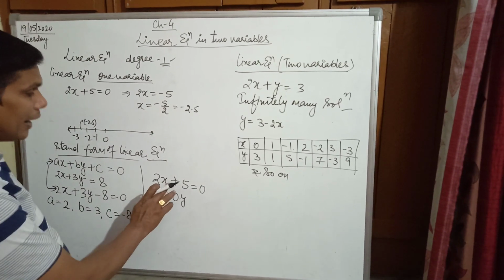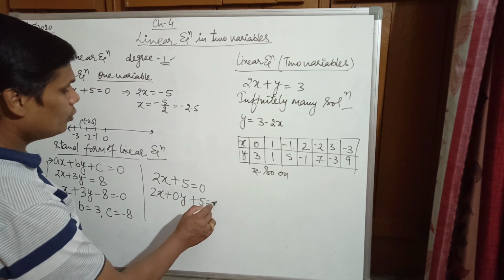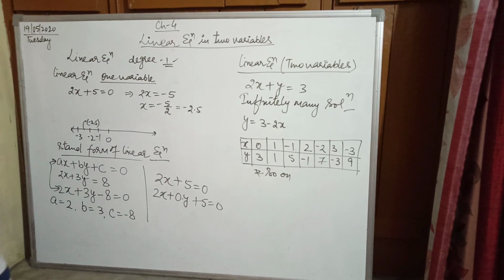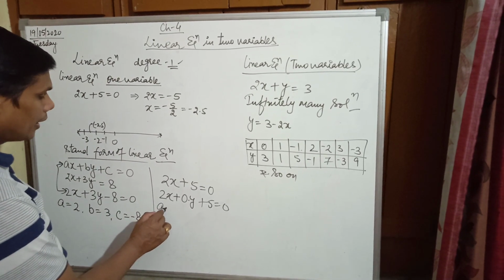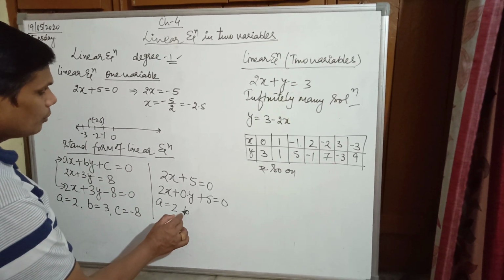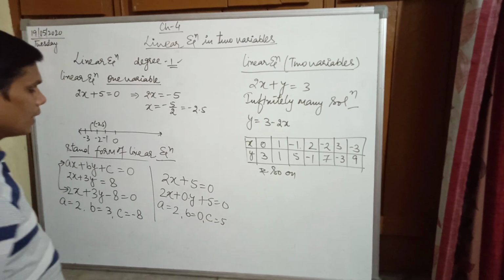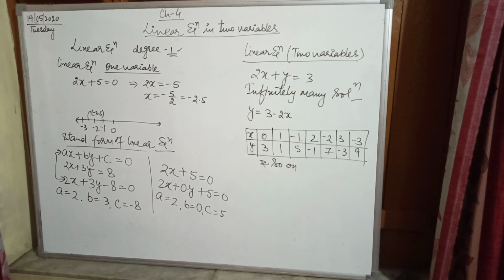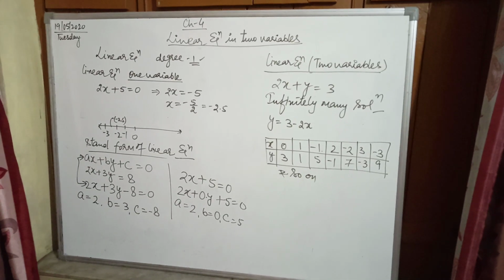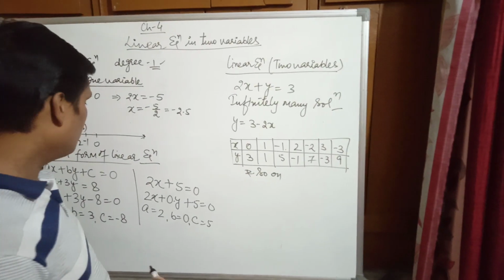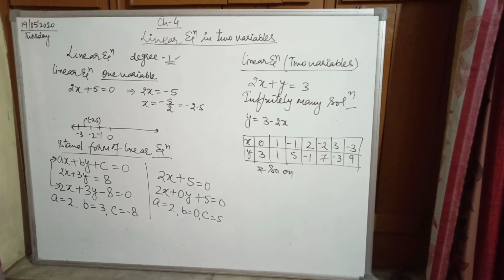So we write 2x plus 0y plus 5 is equal to 0. Comparing these, we get a is equal to 2, b is equal to 0 and c is equal to 5. So we can compare a single variable linear equation or a two variable linear equation with the standard form of the linear equation.